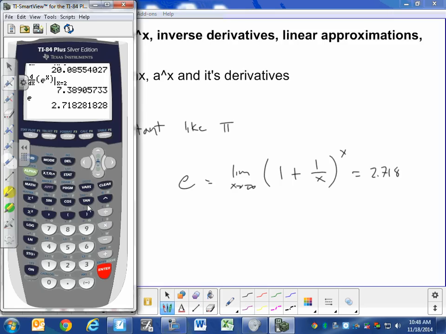But you could also try 1 plus 1 over some big number, like 1, 2, 3, 4, 5, 6, 7, 8, 9, and take that to the 1, 2, 3, 4, 5, 6, 7, 8, 9th power, and you'll notice you get pretty much the same number.